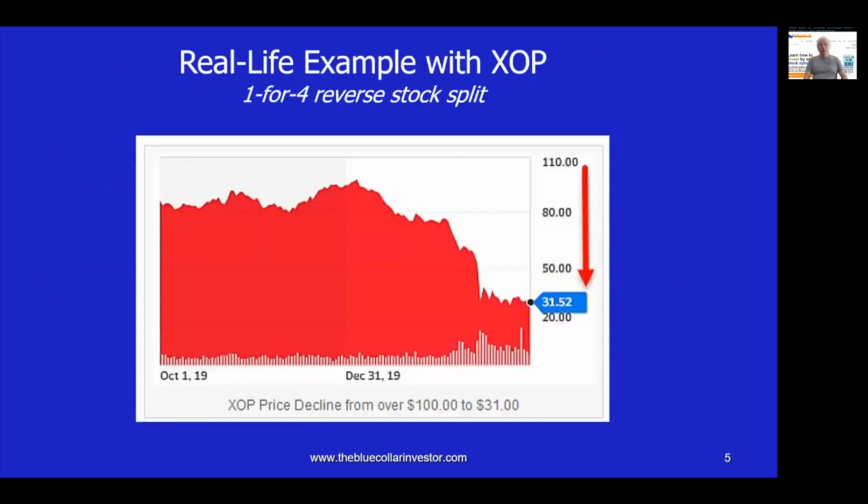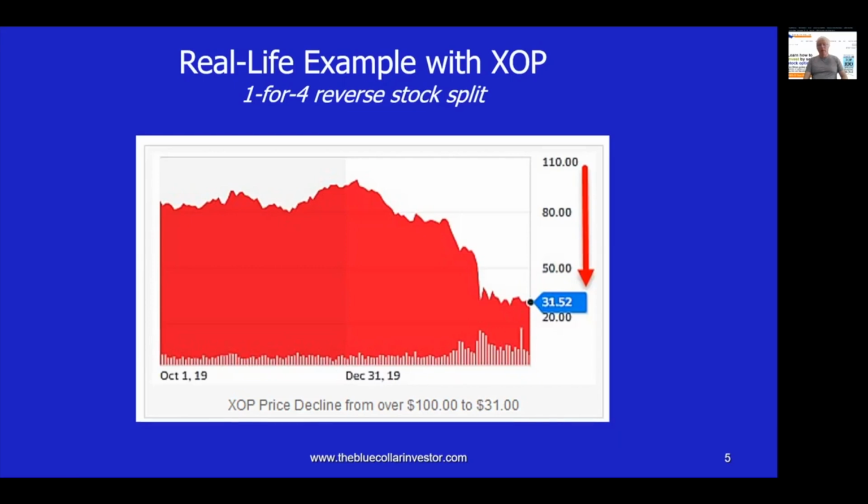Now let's focus in on a real life example with XOP, which started at the very end of the calendar year 2019 into the beginning of 2020. Now, for those of you who are also watching this podcast, you could see from the price chart that from December 2019 into January and early in the year 2020, the price of XOP declined from 100 down to $30 a share.